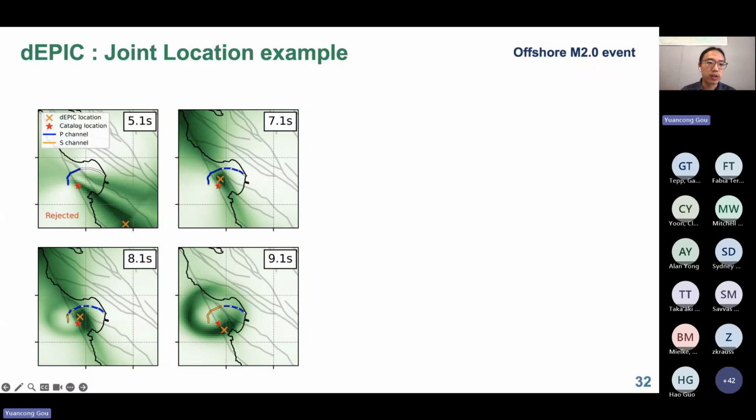But because of the limitation of the linear geometry, the location result is pretty bad. We cannot locate earthquakes very well at this point, but we have a mechanism to reject this kind of solution, which I will talk about later. And then at 7.1 seconds, 8.1 seconds, you can see we are doing a pretty decent job detecting this earthquake.